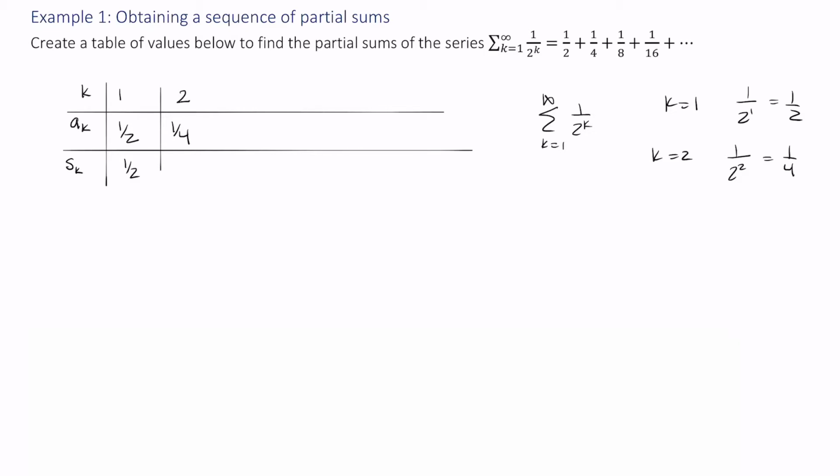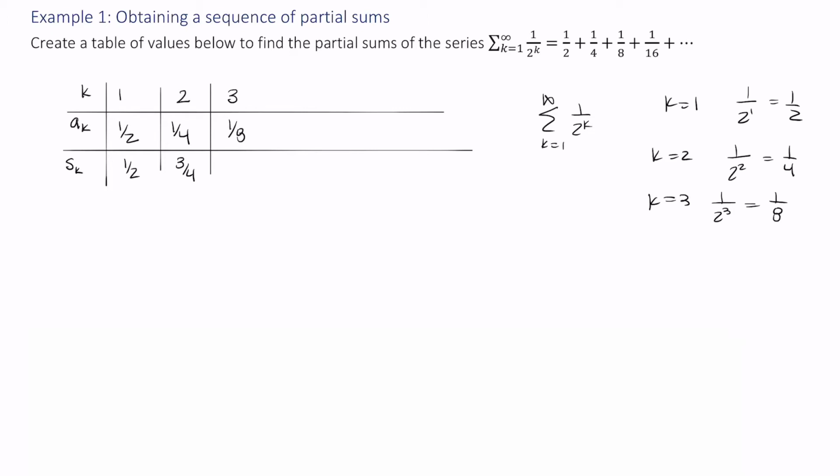And now what is 1/2 plus 1/4, because that goes here? That is 3 over 4. All right, so let's keep going. When k equals 3, we end up with 1 over 2 cubed, so that's 1 over 8.